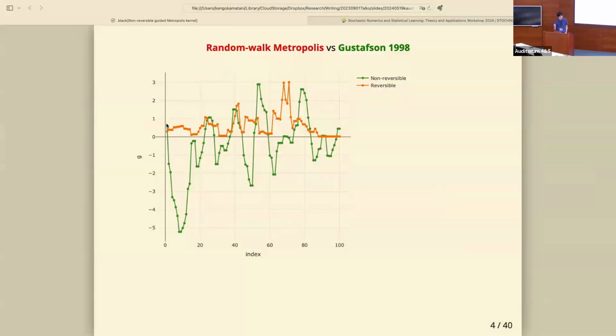The green one is just a small extension of the traditional one, proposed by Gustafson, so we call this method Gustafson's method in this talk. The green method has much more global moves compared to the orange one, and orange sometimes looks diffusive. So green looks better, and is actually better.